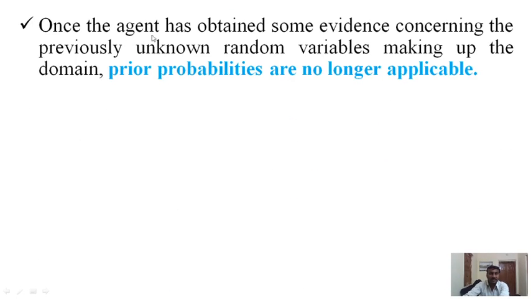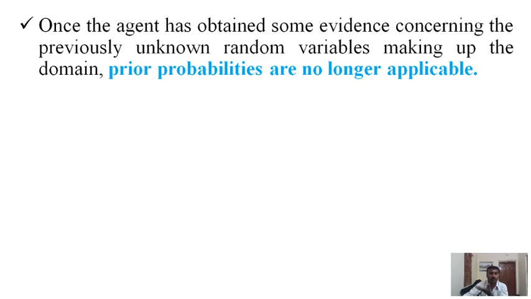Once the agent has obtained some evidence concerning the previously unknown random variables that make up the domain, prior probabilities are no longer applicable. Why? Because in prior probability the random variables are unknown.